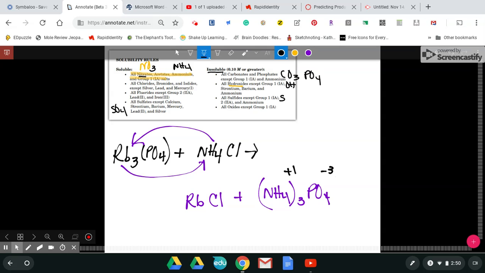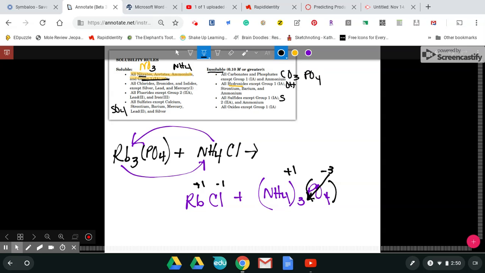Just as a reminder, this is +1. This is -3. This is where that 3 is coming from. Remember, this right here is a polyatomic, so PO4 cannot change. This is +1, this is -1. That's why I don't need subscripts. All right, so rubidium is an alkali metal. So that's that group 1 right there.